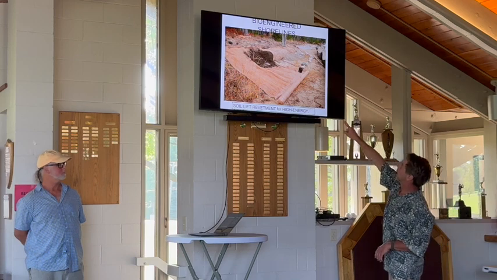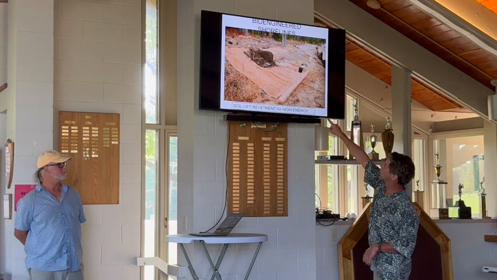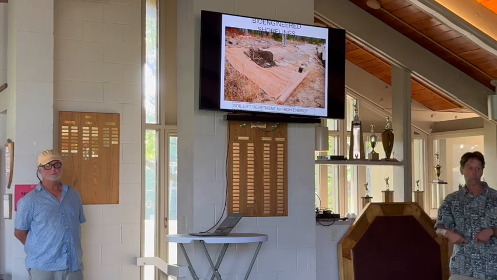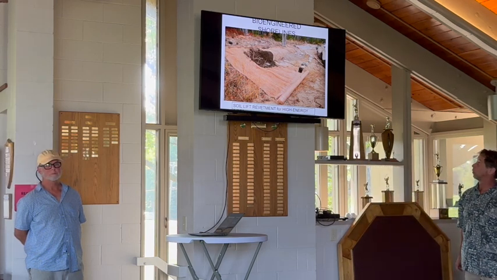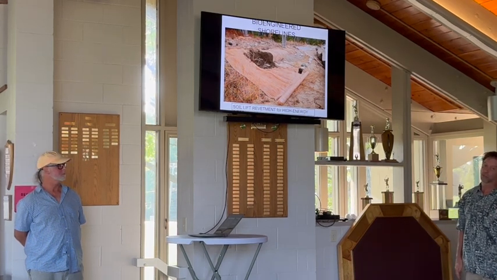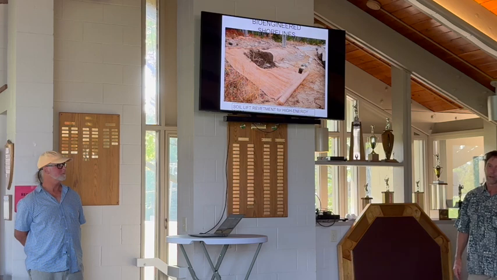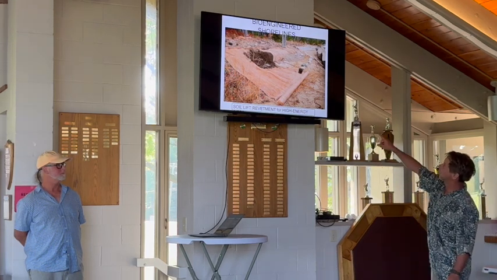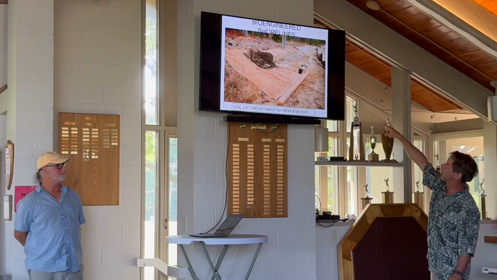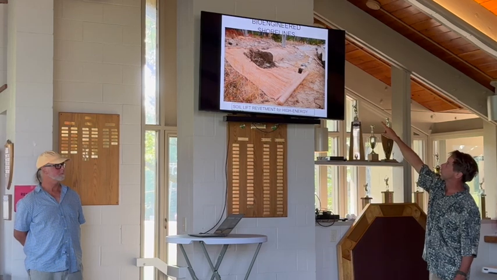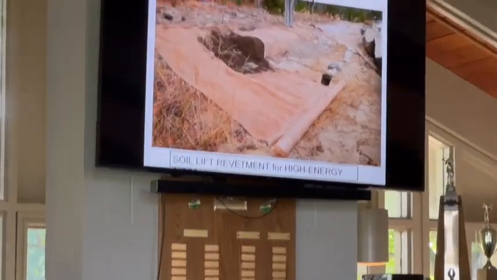But anyway, you can see where basically the soil lift is dirt wrapped up in biodegradable erosion blanket. I typically just call it a dirt burrito for people. It's a burrito filled with dirt. And then we do the same approach, we do a toe stone in the front. You can see the pea stone there. And then we start putting in bigger stone, then we start locking it all together.